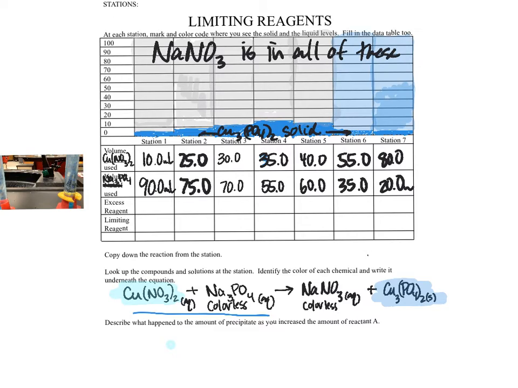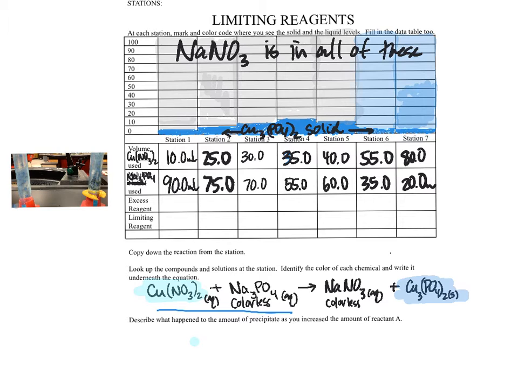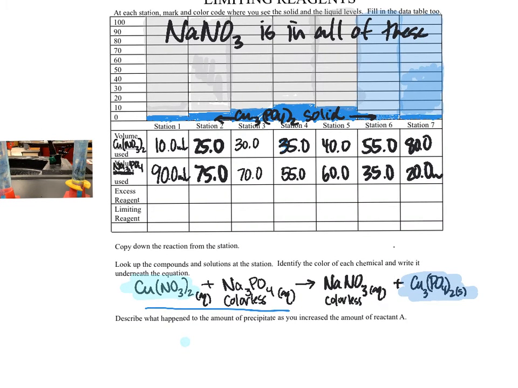And so if I have anything extra, an excess reagent, the color is going to be able to tell me. So if I look up here, in this one, I have no color, so it's colorless, which means that I have Na3PO4 in excess. And so I have no color, no color, no color.